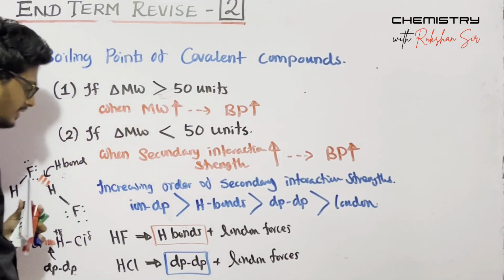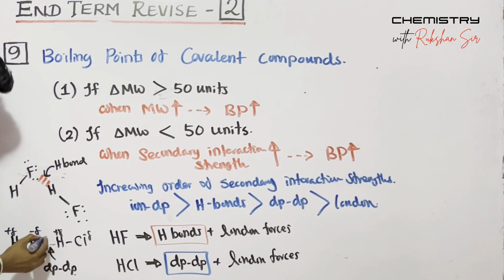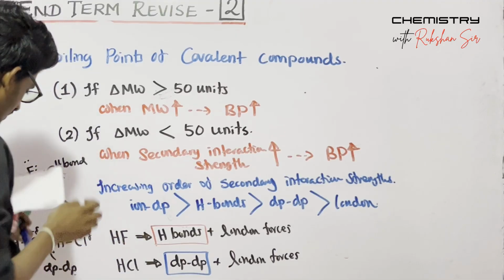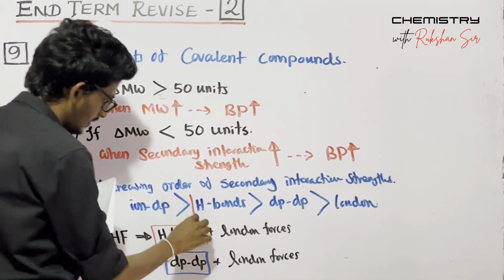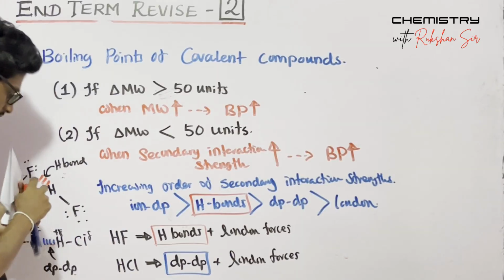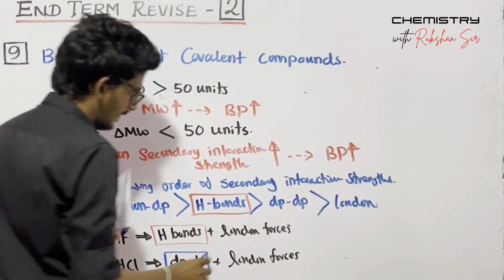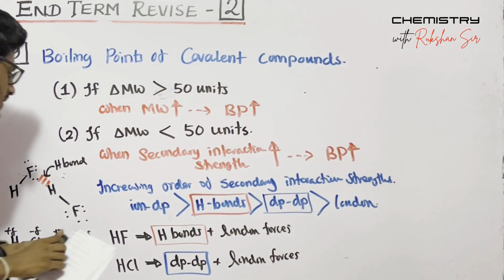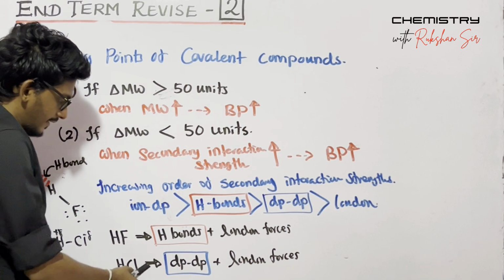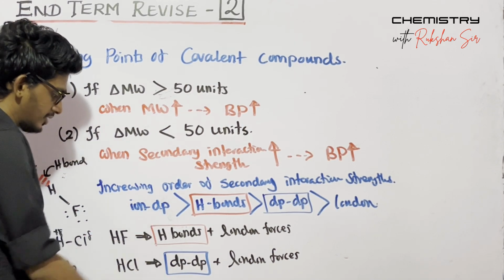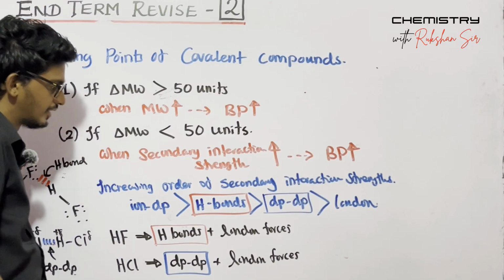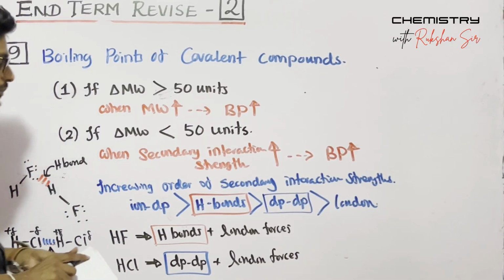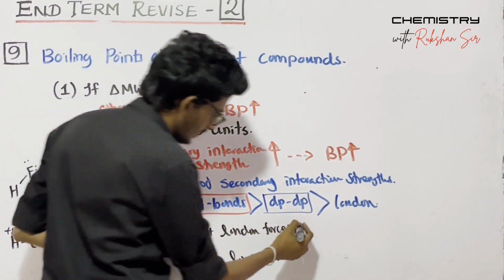So if you compare these two kinds of bonds, basically hydrogen bonds are with stronger interaction strength than the dipole-dipole interactions, right? So we can say the HF molecules have stronger secondary interactions than the HCl. So HF has a higher boiling point than the HCl, right?